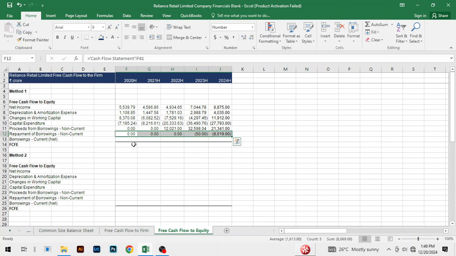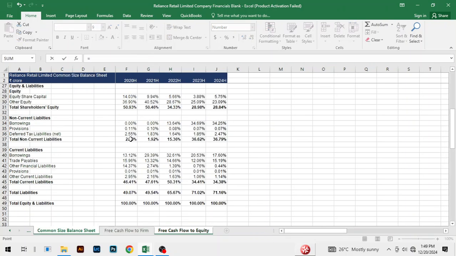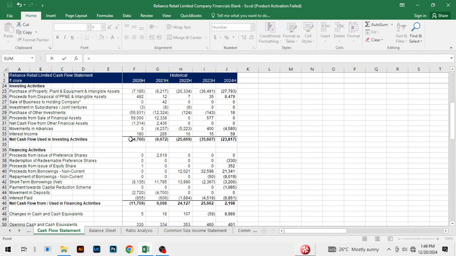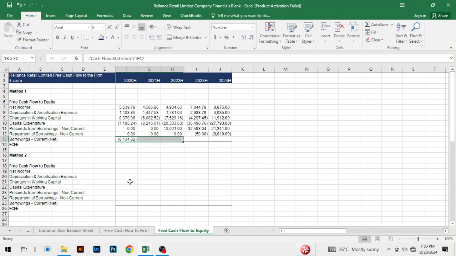And here we also link the movements. Perfect, like this. Great. So here that's fine. So here we just take the sum of all this.